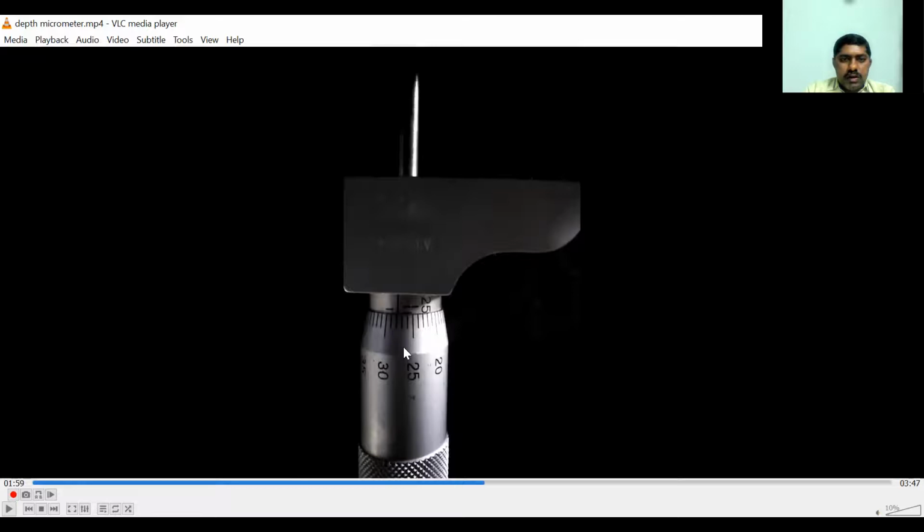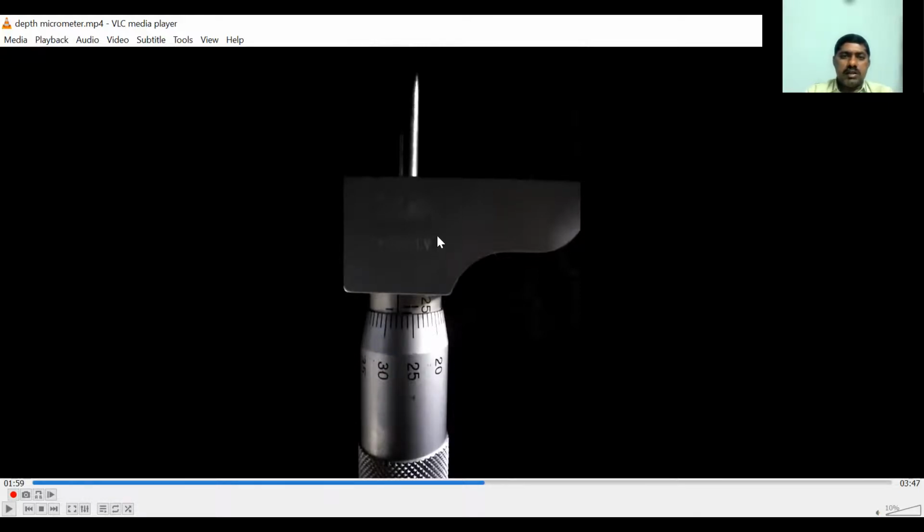Then the thimble division on the barrel: 25, 26, 27, 28. So the 28th division. That means 1.28 mm is moved backward. The total length of the rod is 75 mm, so we need to subtract 1.28 mm, and we get 73.72 mm.